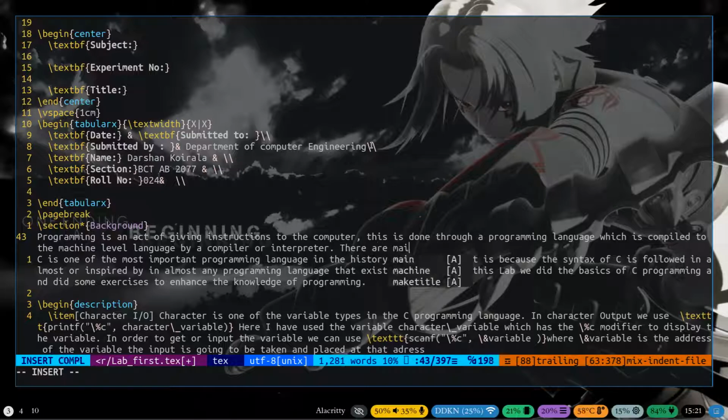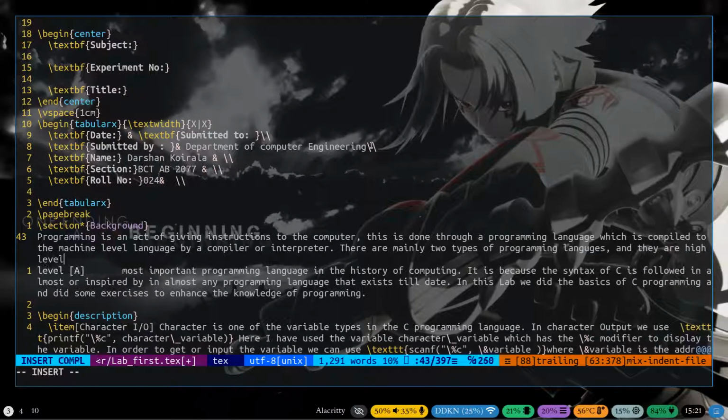There are mainly two types of programming languages. They are high level and low level programming languages.